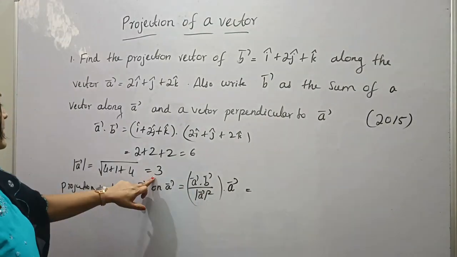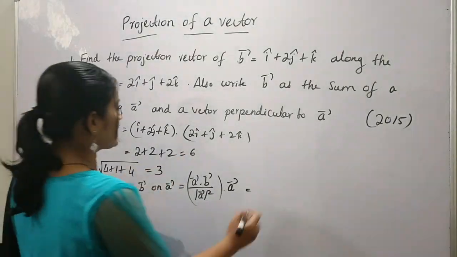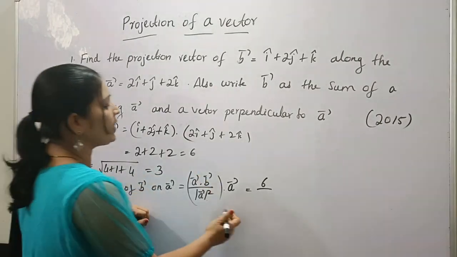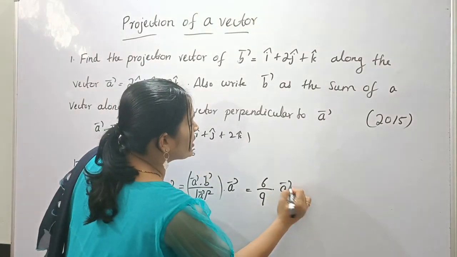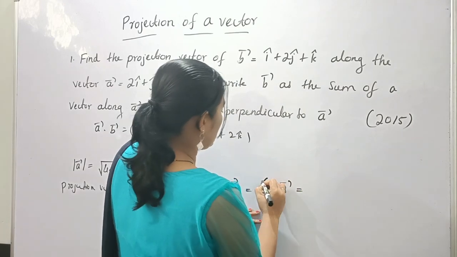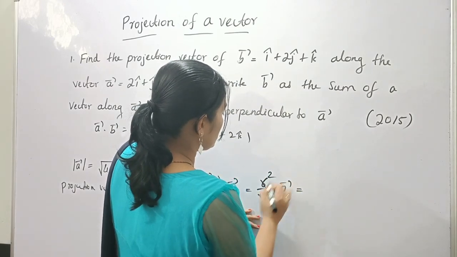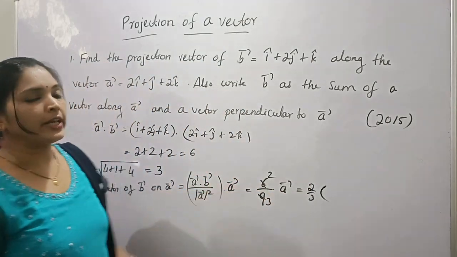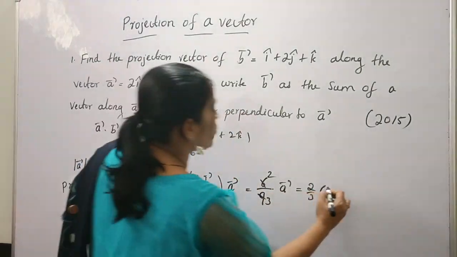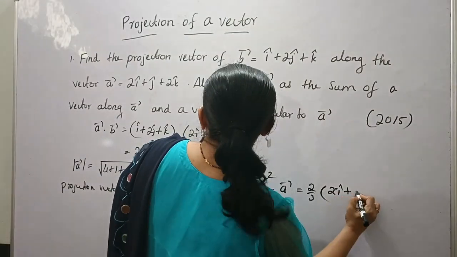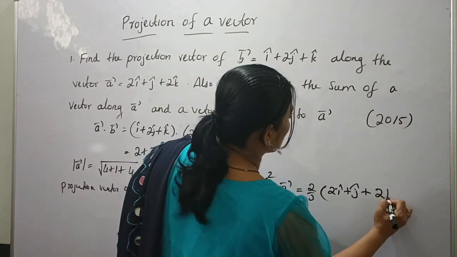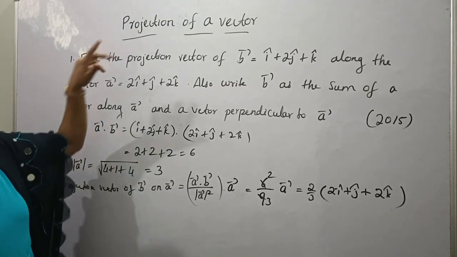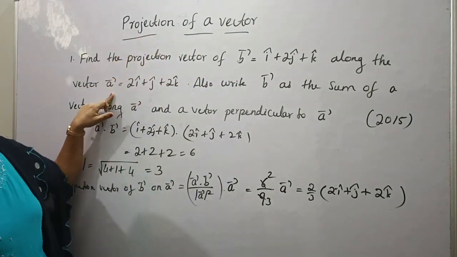That is 6 divided by 3 squared is 9, into vector A, that is 2 by 3 into vector A, which is 2i plus j plus 2k. It is the projection vector of B on vector A.